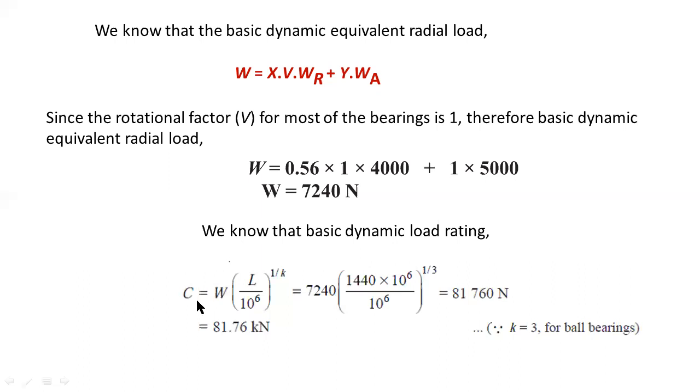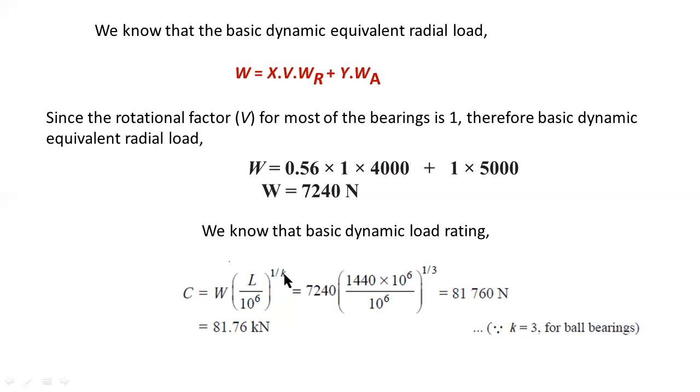Then already we know the formula for the basic dynamic load rating, capital C. By using this formula, you have to find the value of capital C. Here capital W value is 7240, and L is the life of the bearing in revolutions, which we already found: 1440 into 10 power 6. 10 power 6 is constant, and here 1 by k equals 3 for ball bearings.